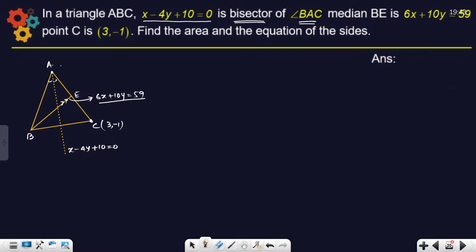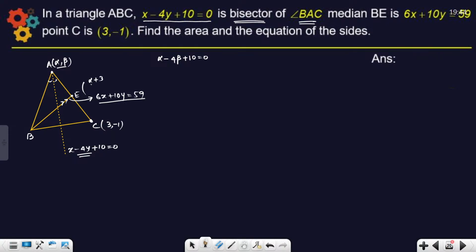So what to do? Let us say your point A is alpha comma beta. If point A is alpha comma beta, then alpha comma beta is going to satisfy this equation. So let me put it there: alpha minus 4 beta plus 10 equals 0. Moreover, since BE is the median, E is the midpoint. So what will be its coordinates?